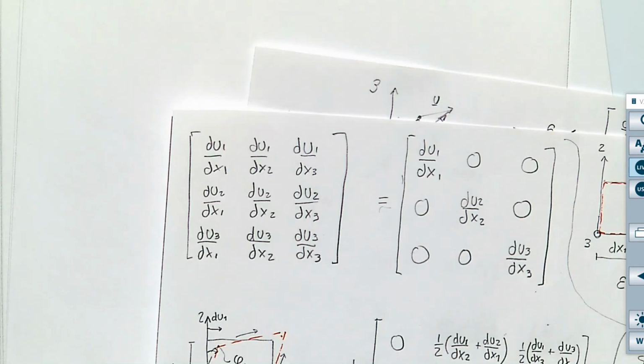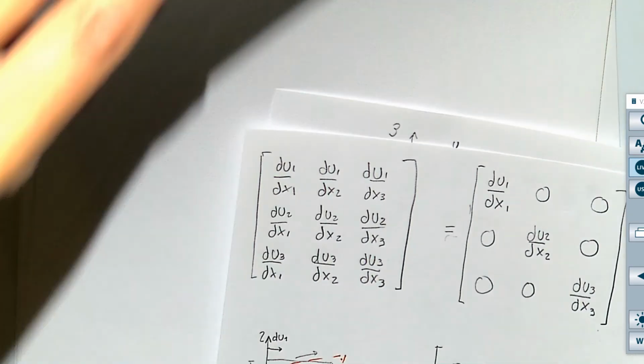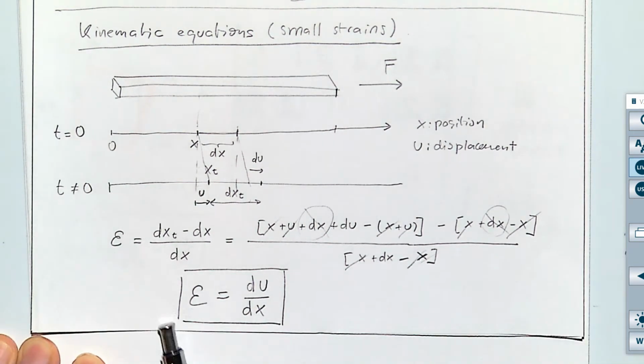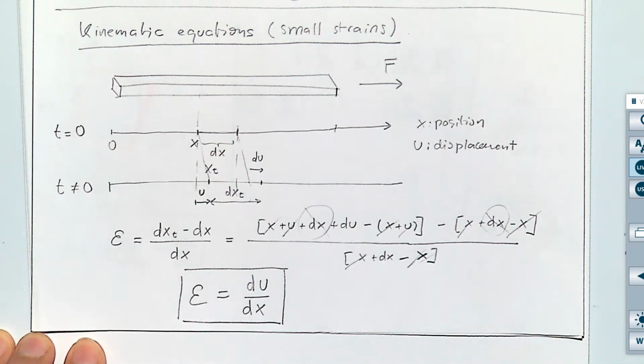Okay, let's see. I think we are done with this part. Yes, we are done. So what we just saw was the derivation of the strain tensor for small strains.